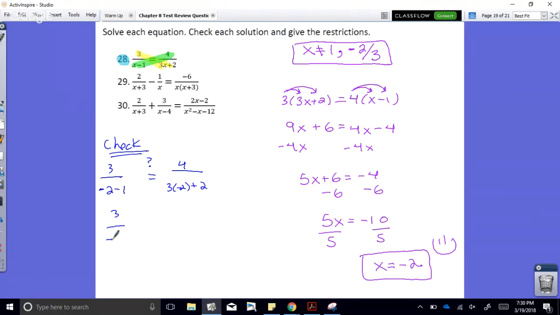Well, negative 2 minus 1 is negative 3. Negative 2 times 3 is negative 6. So this is negative 1. Negative 4 plus 2 is negative 4, and negative 1 equals negative 1. So that confirms that it works.